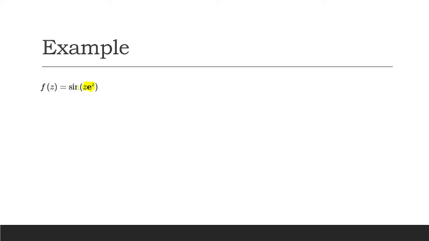Kunin muna natin yung derivative ng outside function. The derivative of the outside function is just cosine of z e raised to z. Ito yung argument natin. So ito na yon. But then, we need to get the derivative of your inside function, which is z e raised to z. And yung z e raised to z na to, that is a product.